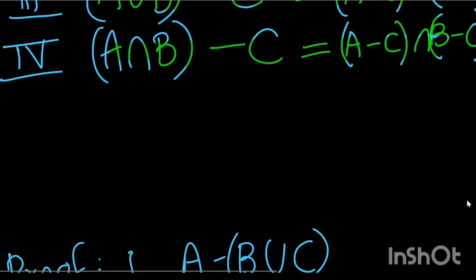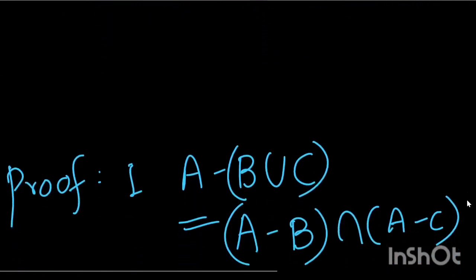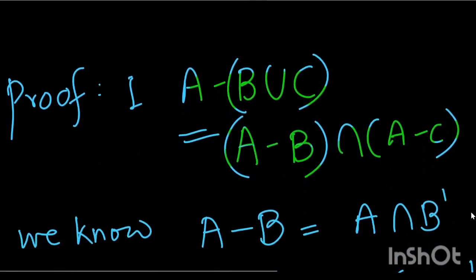Let's try to prove the first property, which is A minus (B union C) is (A minus B) intersection (A minus C). Now we know that A minus B is defined as the intersection of A with B dash.